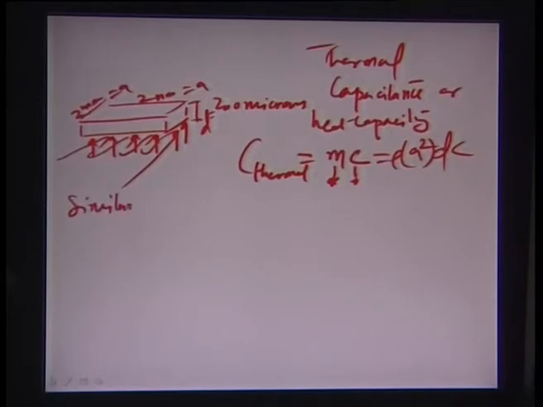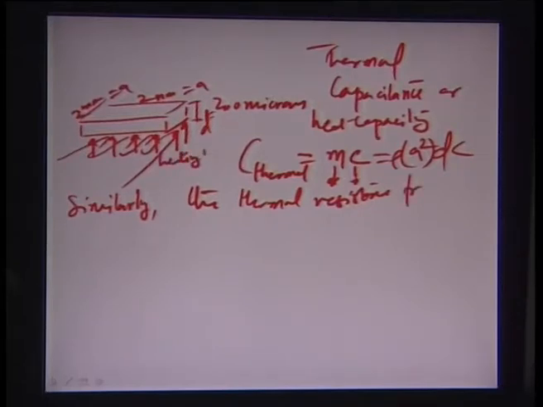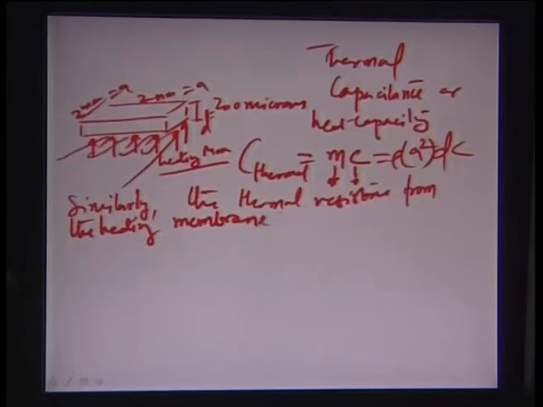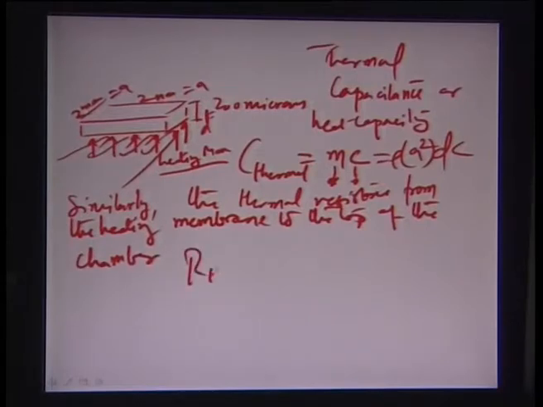Similarly, if you determine the thermal resistance from the heating membrane to the top of the chamber, so this is the heating membrane or the heaters, and this is the top of the chamber, let's call it R thermal.